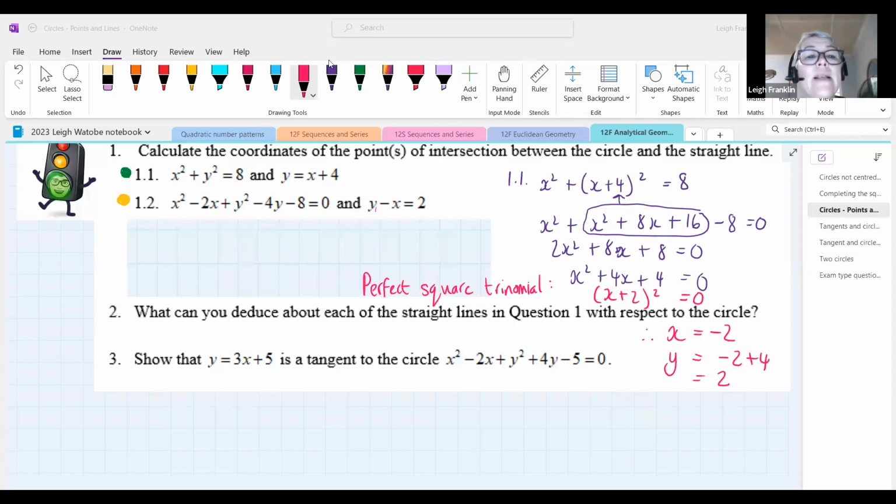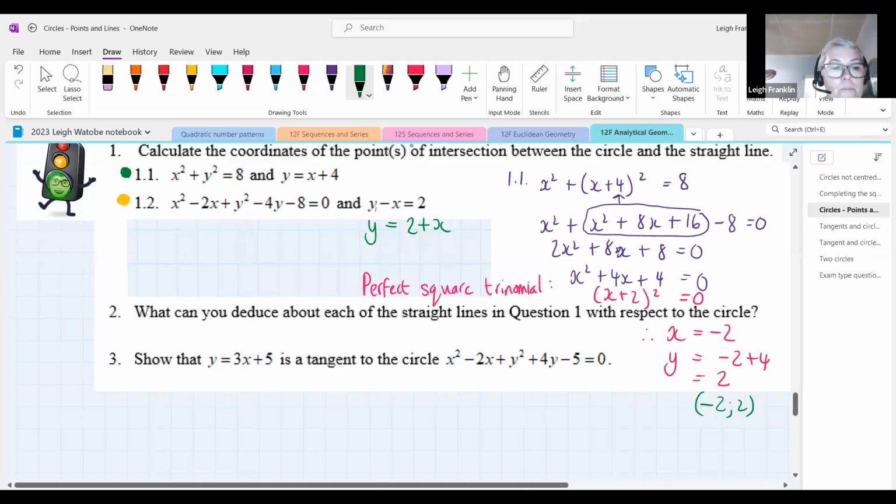All right, so Lisa, I'm going to come back to you. What did you do in 1.2, Lisa? I made y the subject of the formula in the second equation. When you made y the subject, what did you have? y is equal to 2 plus x. And then what did you write after that?